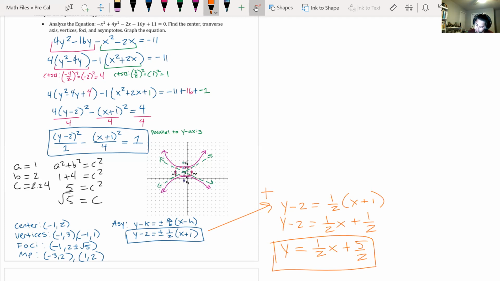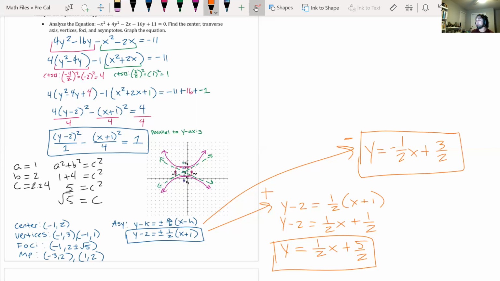And then for the minus, that would just be y equals -1/2 x, and -1/2 plus 2 should be positive 3/2. There you go. Yeehaw.